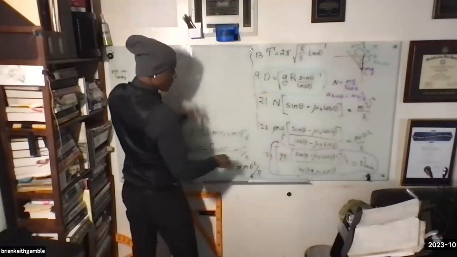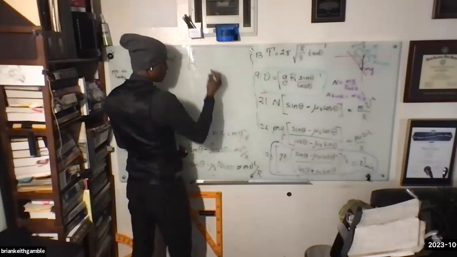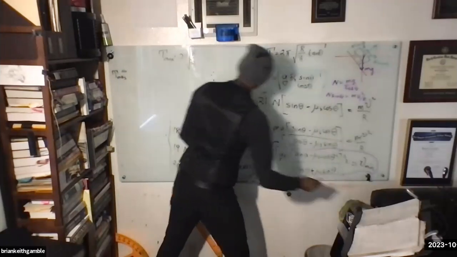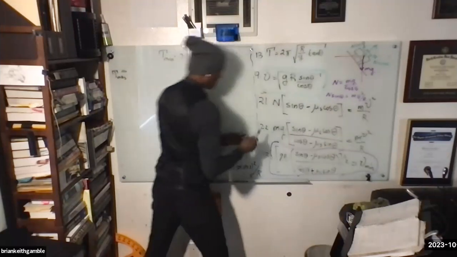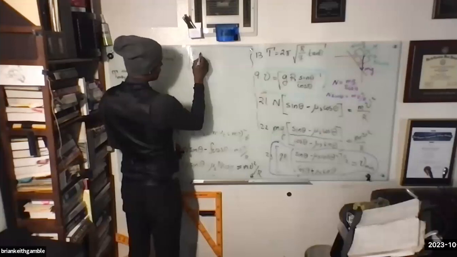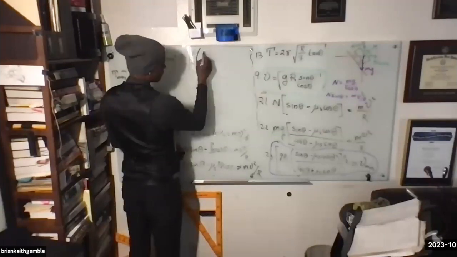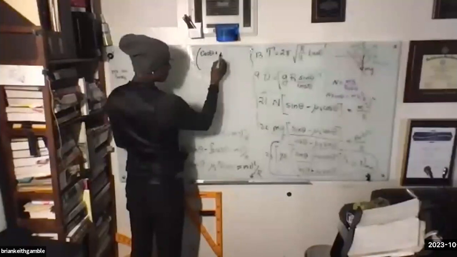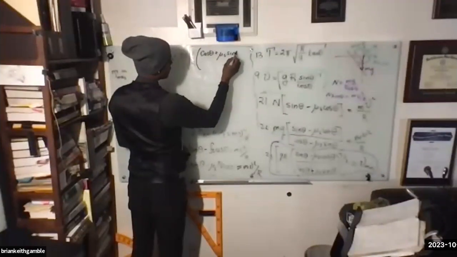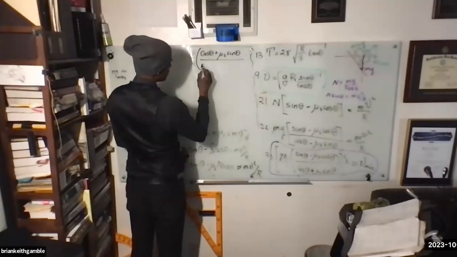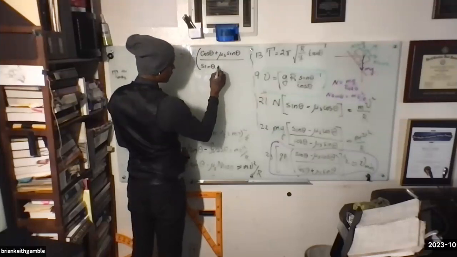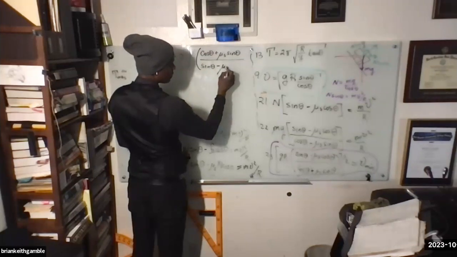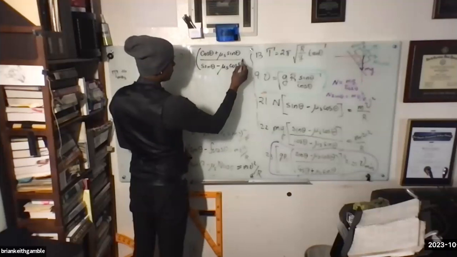And now everything flips. So I'm going to have a cosine of theta plus mu s sine of theta divided by sine of theta minus mu s cosine theta.